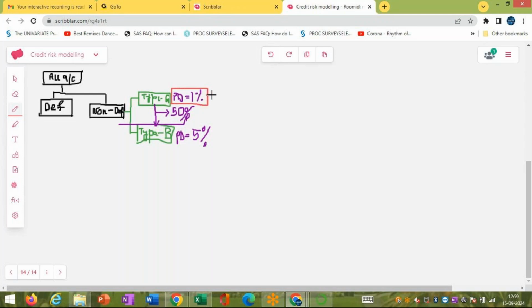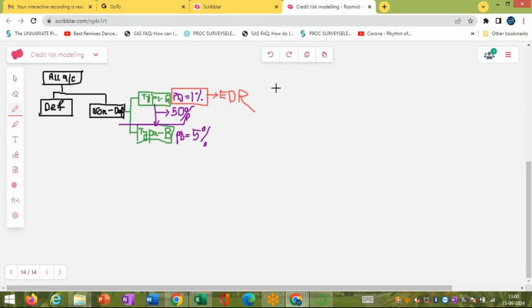So the expected default rate at the end of the first year will be, I will use the term expected default rate, right?